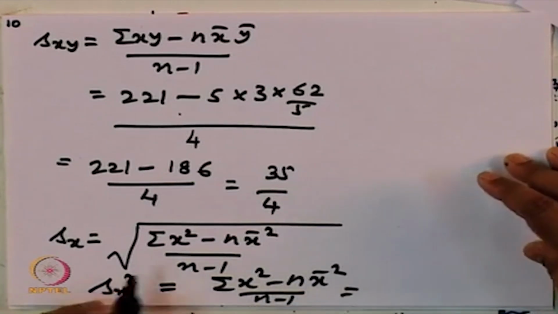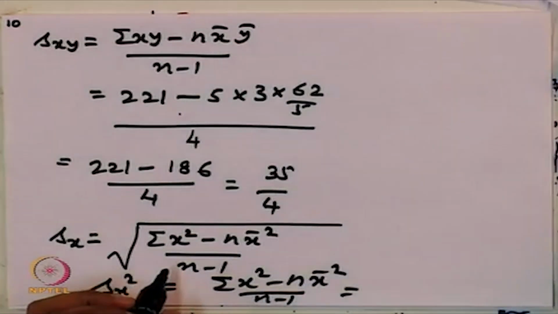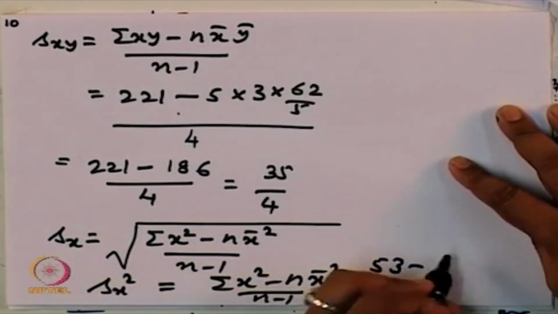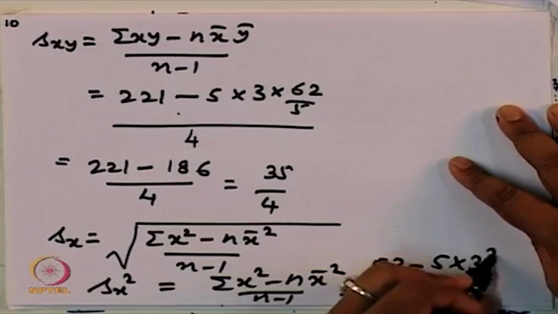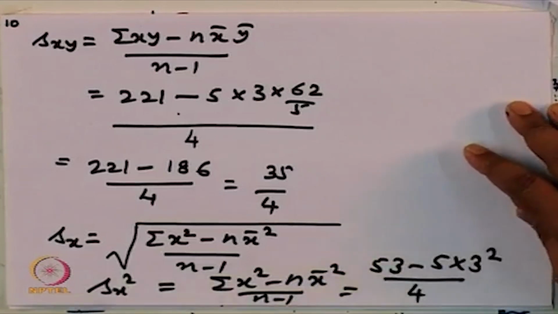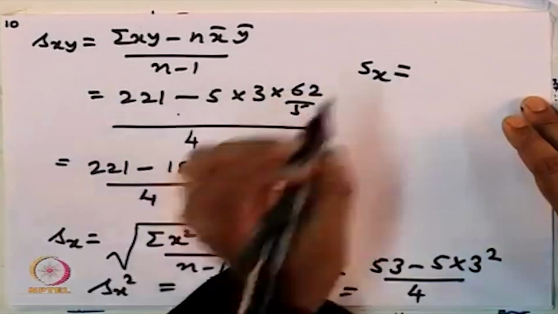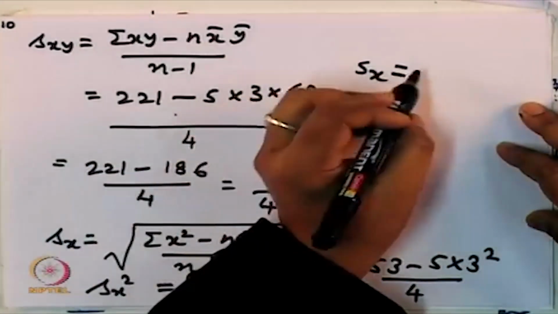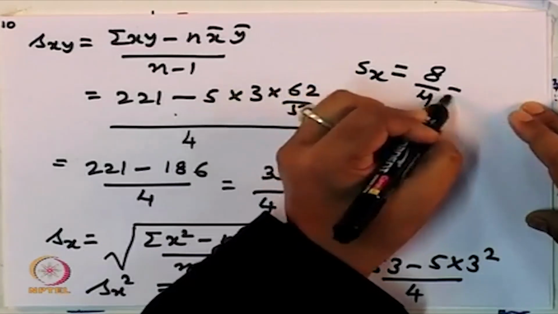Summation x square we found out was 53 minus n, which is 5, into 3 square, by 4. So, I can find the value of s x square, which is 8 by 4, equal to 2.